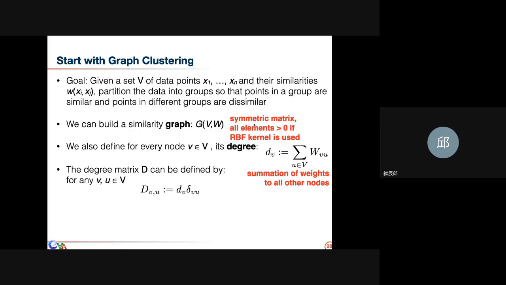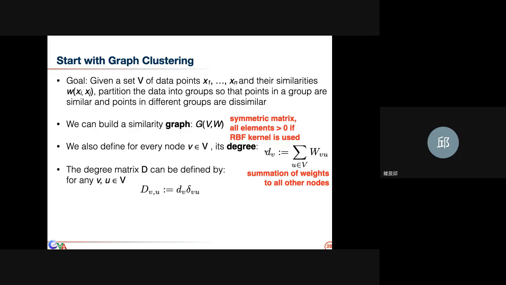So if you are using an RBF kernel to define the similarities between the data points, then all the elements in this similarity graph are bigger than 0. But of course, if you use another way to define the similarity, maybe some values will be equal to 0. We also define for every node, that means every data point, a specific term named degree.